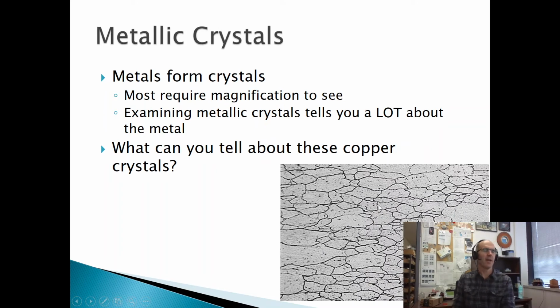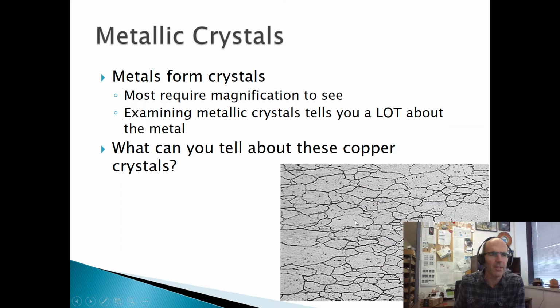Okay, so anyway, here we've got some metallic crystals. And before I go on to the next slide, just take a look at these. Is there anything unusual that might strike you about these copper crystals? You'll probably see little dots inside of them.